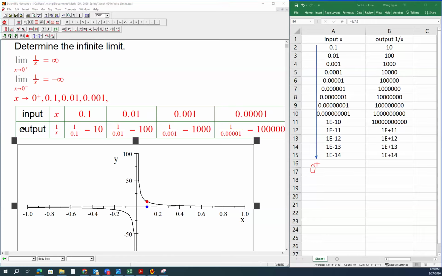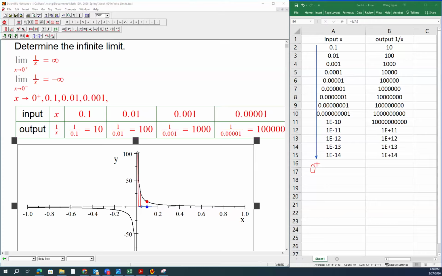So the blue is getting closer and closer to 0 in this direction. Numerically, you can imagine all of these numbers getting smaller and smaller, closer and closer to zero from larger than zero. The output is getting larger and larger yet. And vertically, this red is getting higher and higher yet.